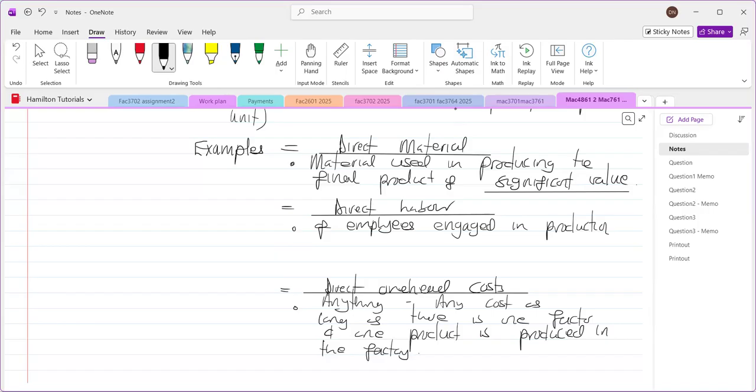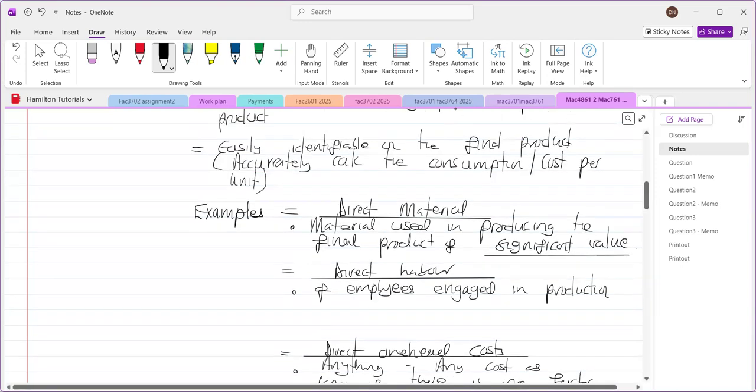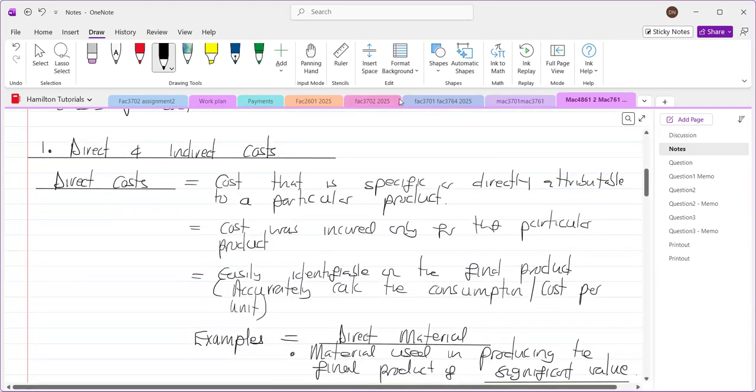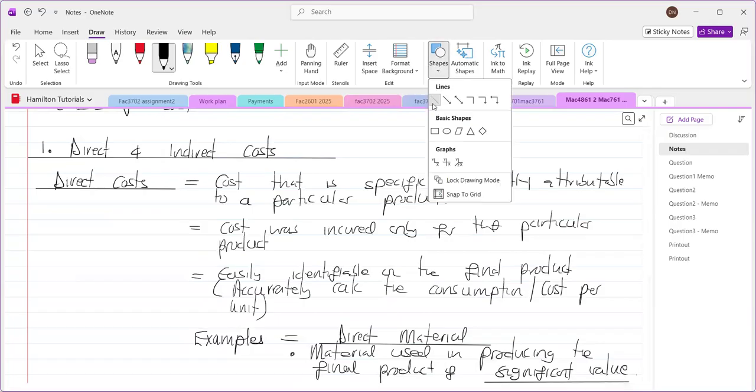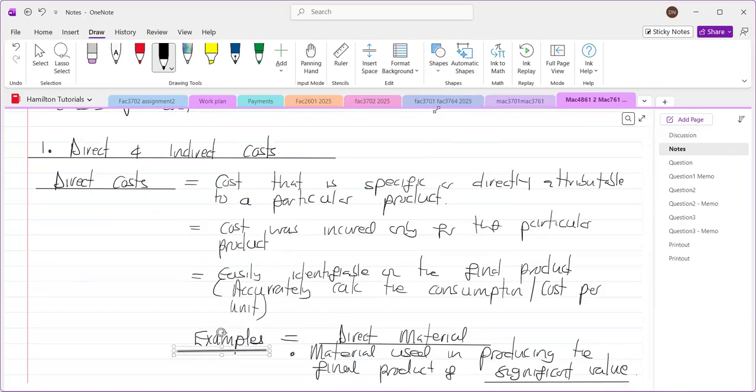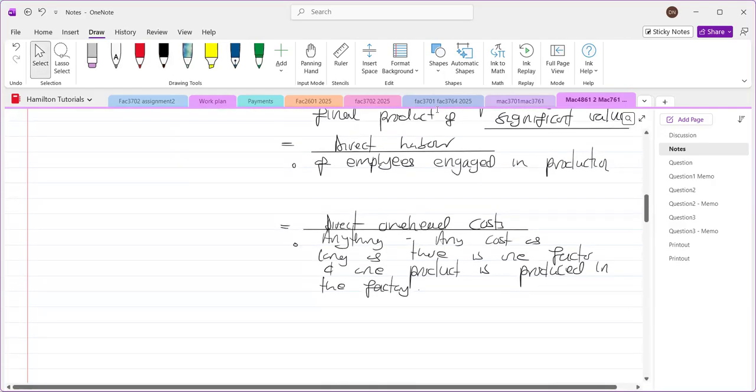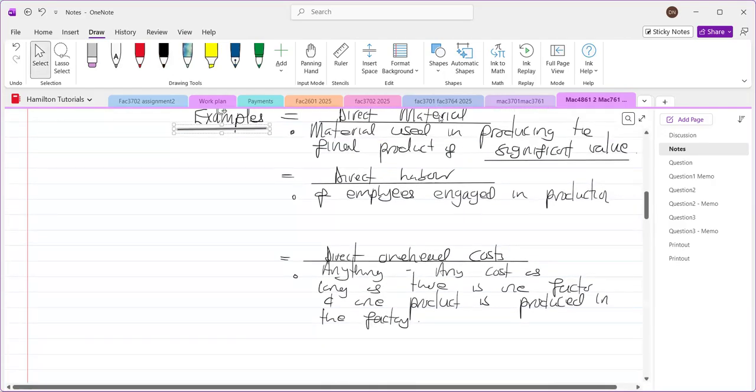Sometimes when you are in production, you can find that you have more than one product being produced. But sometimes you may find that you are a company that has got just one product that they're producing.